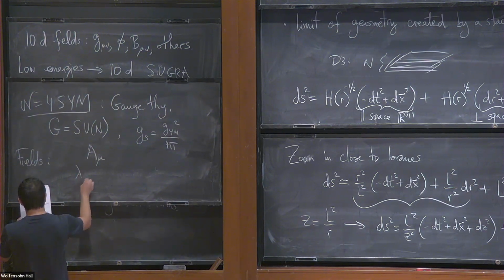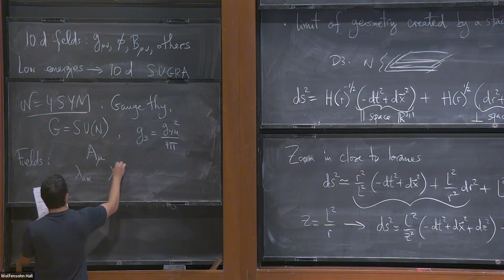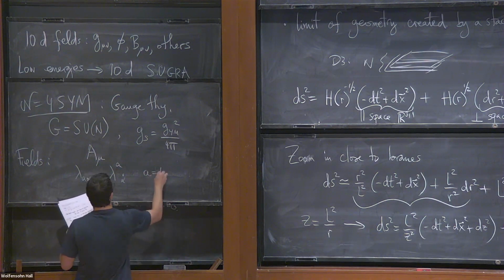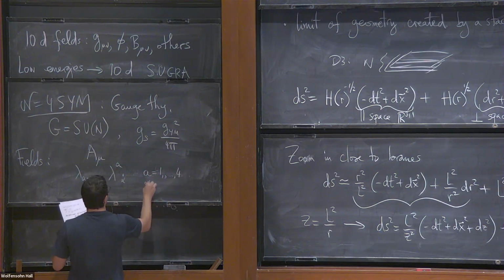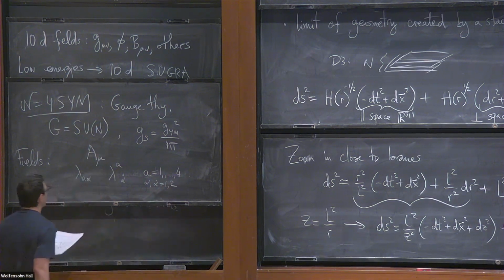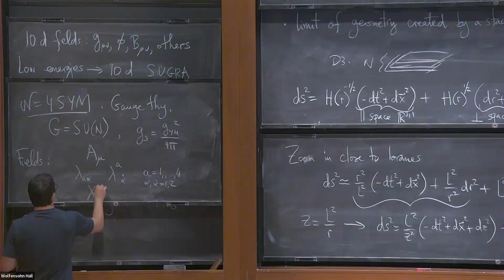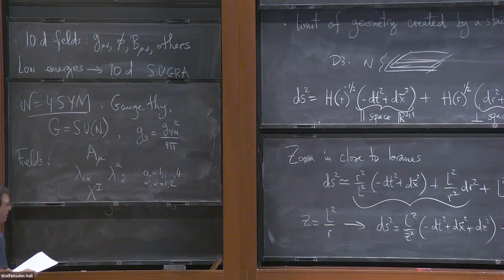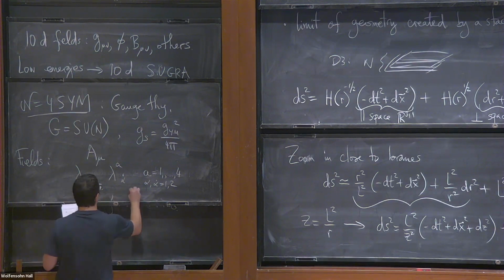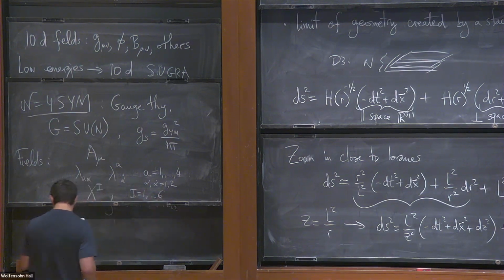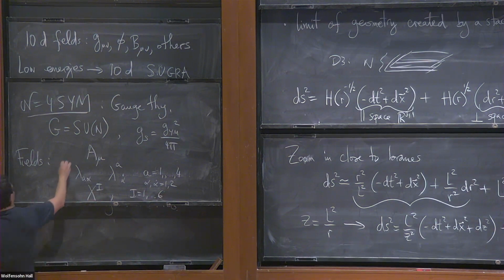So it has some fermions, where this index A goes from 1 to 4, and alpha dot goes from 1 to 2. They're the spinor indices, so they're like 4 different species of fermions, and 6 types of scalars, X^I. Well, these X's are not the same as the X's, the embedding coordinates of AdS. So here I goes from 1 to 6. And so this is the content of a vector multiplet.